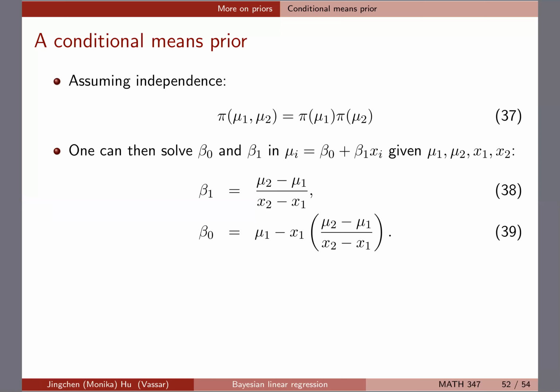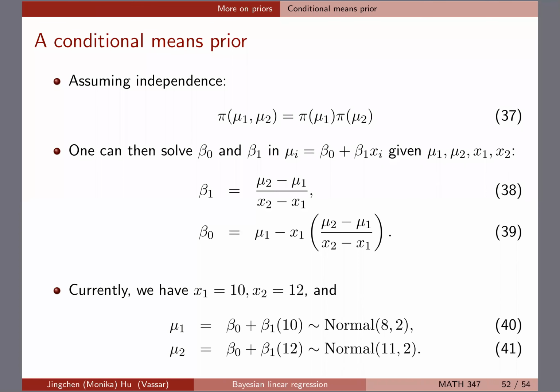So we can express our beta 0 and beta 1 in terms of mu1, mu2, x1, x2. Essentially what we're going to do is we fix the values of x1 and x2, like I showed you earlier, and then we have prior distributions for mu1 and mu2. So we're able to give a prior essentially to beta 0 and beta 1 through mu1 and mu2.